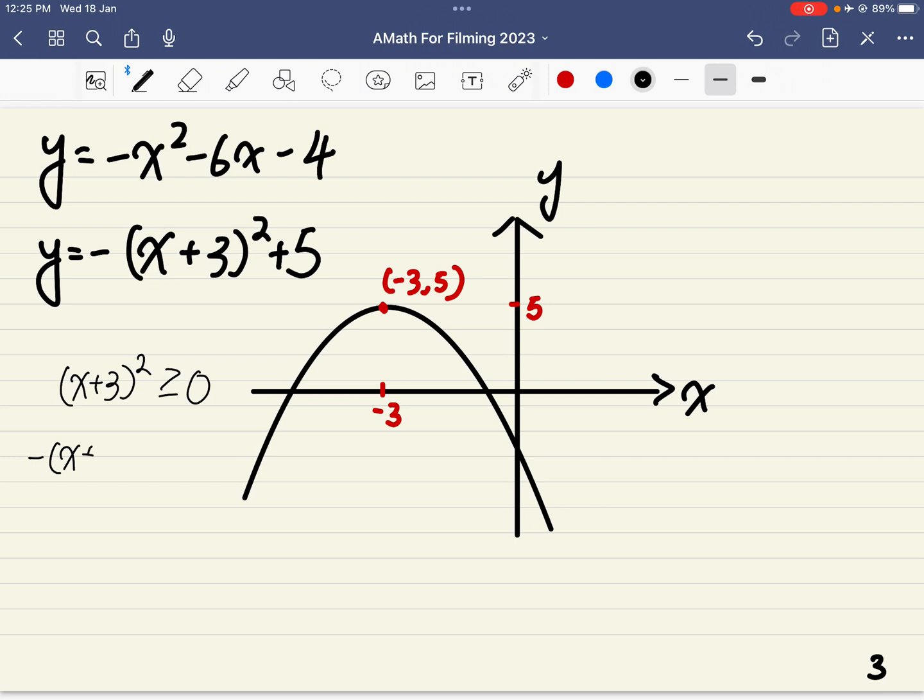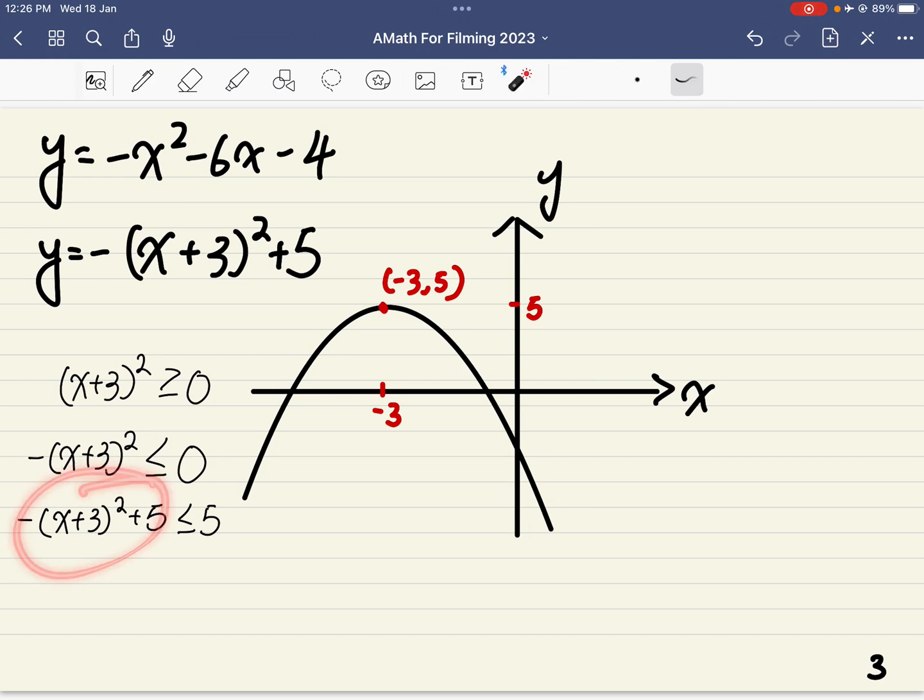Hence, negative (x plus 3) squared is less than or equal to 0. If I add 5 to both sides of my inequality, what I get is this over here. So this is different from slide 1 and slide 2. Now you notice that the value of the function is less than or equal to 5.